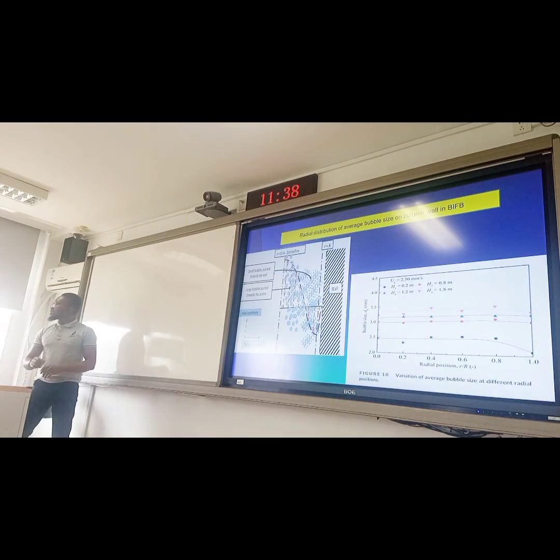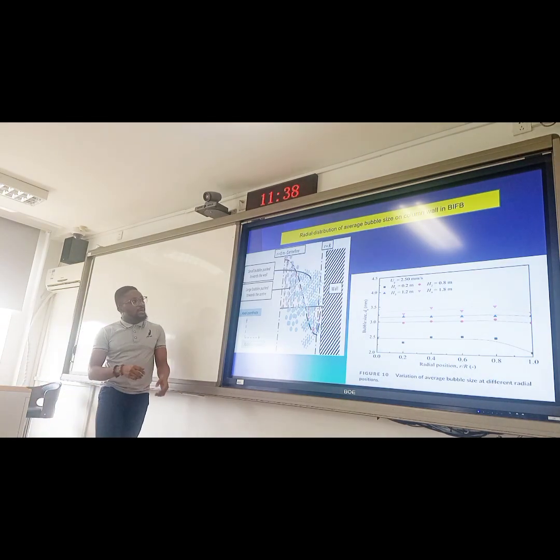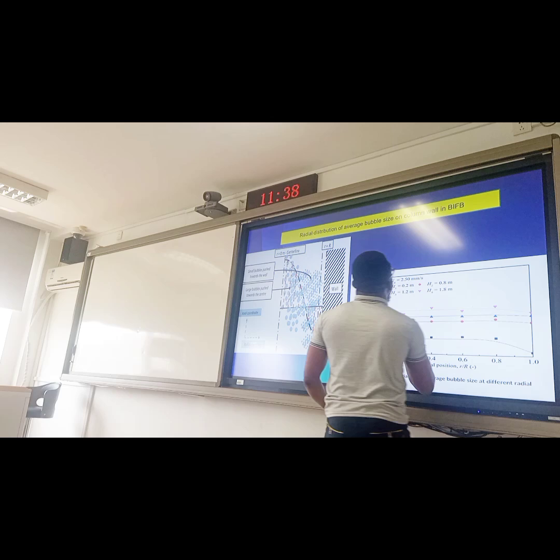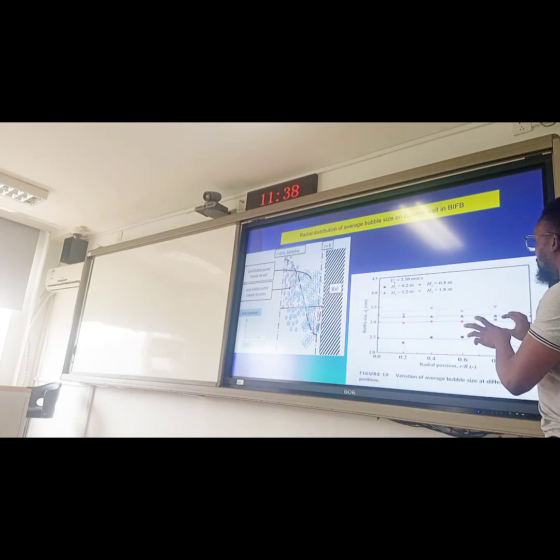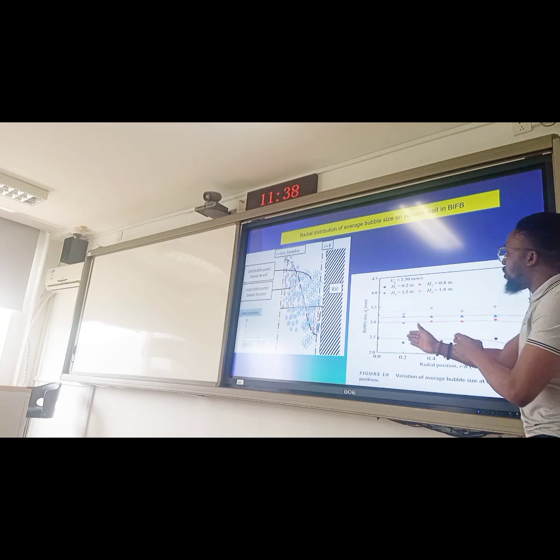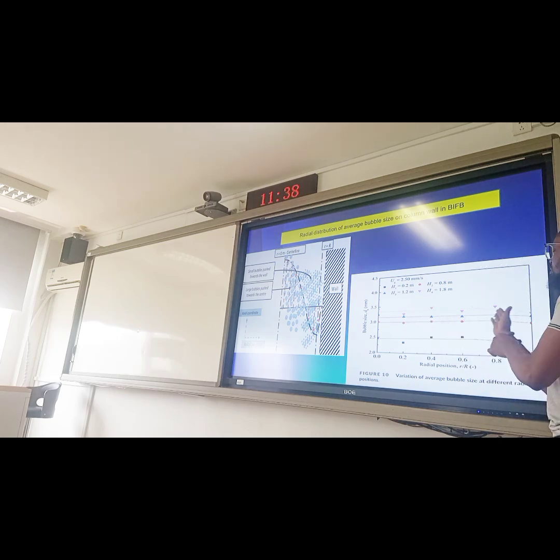The second result I will explain is the radial distribution of the average bubble size on the column's wall. If you look at this graph well, we find that the bubble size has a uniform distribution on the column's walls of the bubble-induced three-phase fluidized bed.